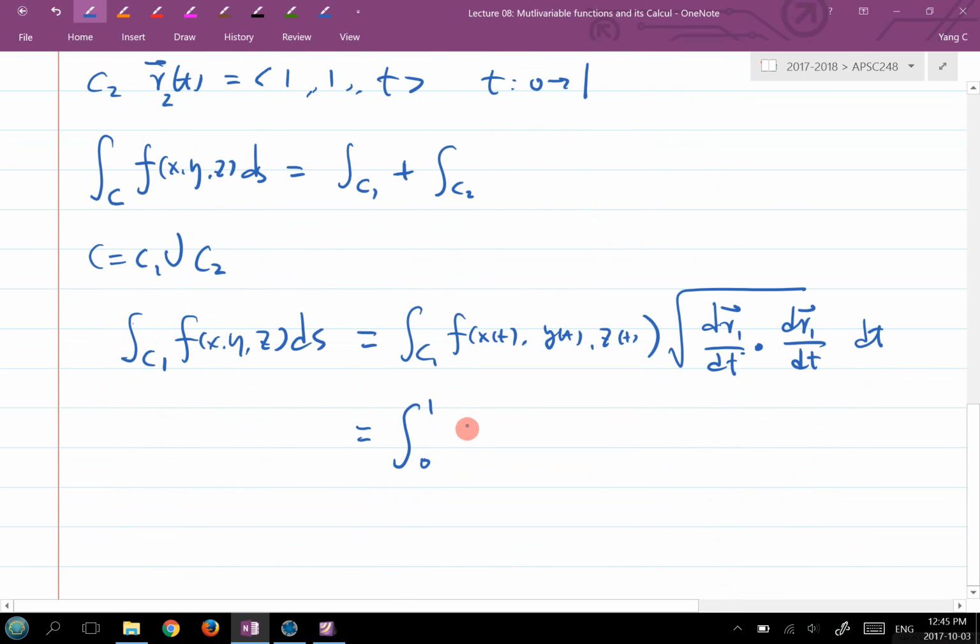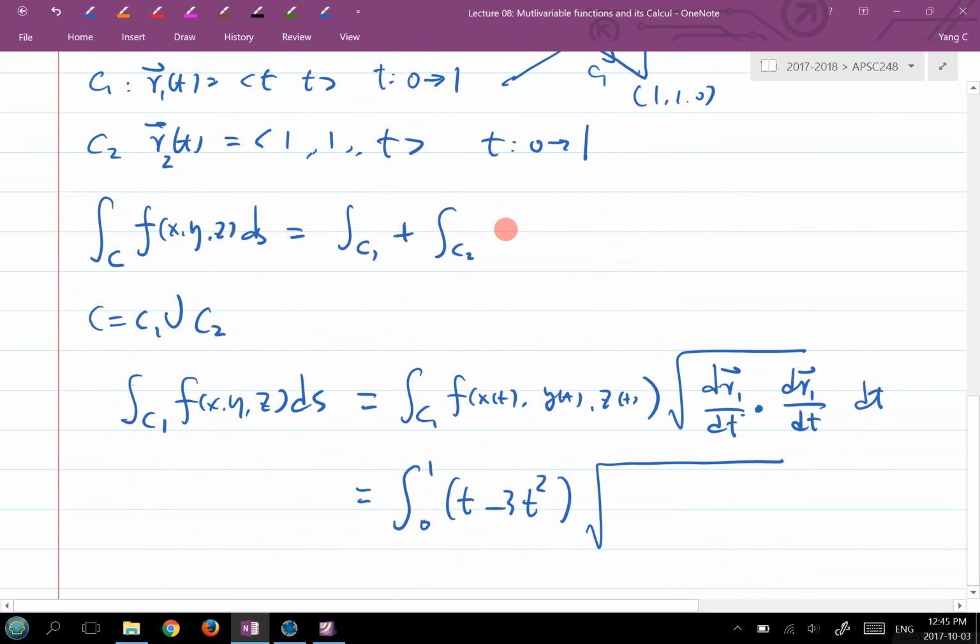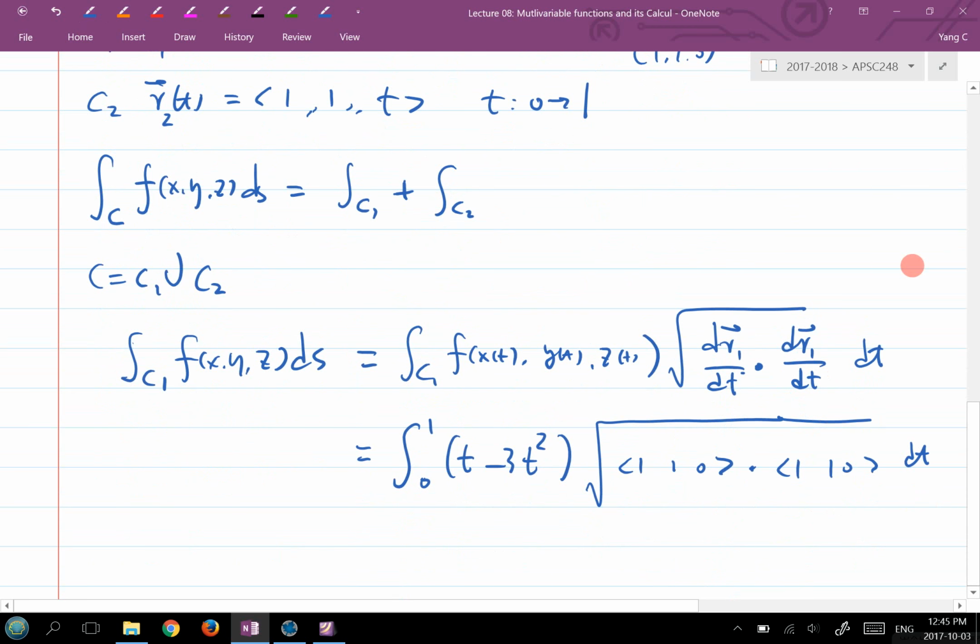So x is replaced with t, y with t, so t minus 3t squared plus 0. And then the derivative, dr1 over dt: this t derivative is 1, and if you want to write down the 0 for the z component, that's fine. Same thing, 1, 1, 0, dt. That's how you put things together for this C1 segment.